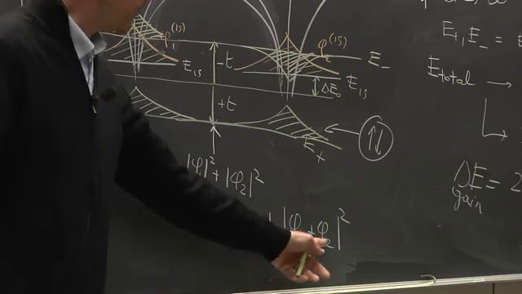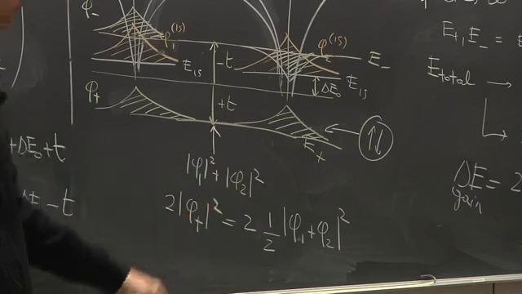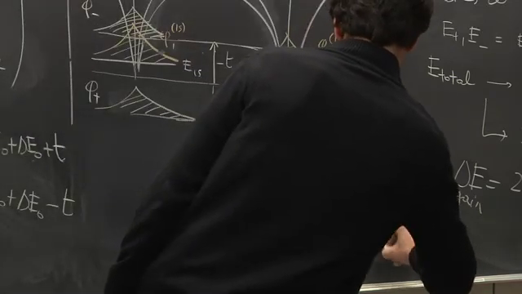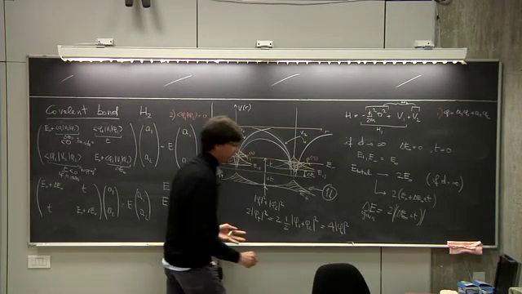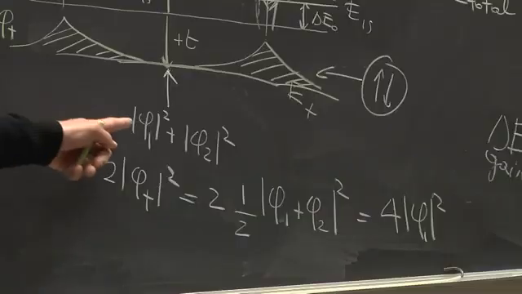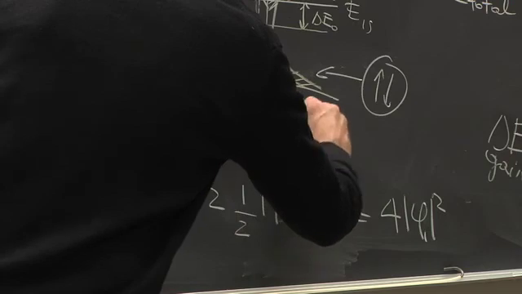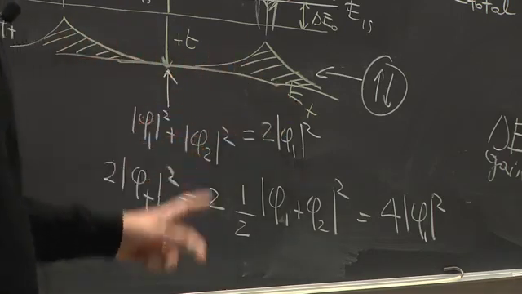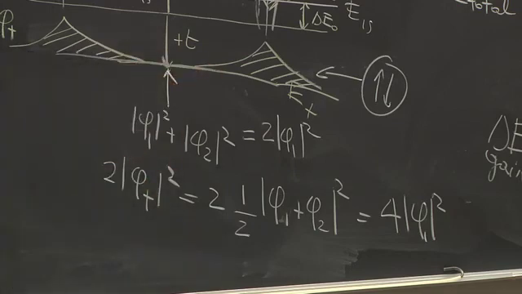But phi 1 and phi 2 at the center are equal. So this is actually 4 times phi squared, phi 1 or phi 2 squared. While this one, if phi 1 and phi 2 are the same, is just twice phi 1 squared. Here I'm assuming that I'm at the center, and therefore phi 1 and phi 2 take the same value, because by symmetry the decay takes the same value here.